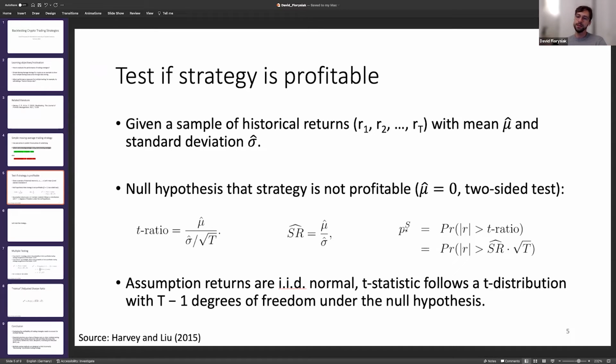The idea is to calculate the p-value of this two-sided test. If the p-value is smaller than, let's say, a significance level of 5%, we would say we are confident at the 5% significance level that we discovered a profitable trading strategy. We need to make a few assumptions: IID normal returns, and the t-statistic follows a t-distribution with T minus 1 degrees of freedom under the null hypothesis.